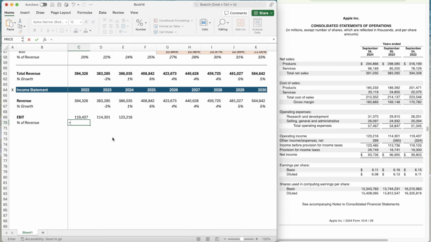And we want to know what this is as a percentage of the revenue. So you take the EBIT, divide it by the revenue, and then we get our percentage of revenue, and that's our EBIT margin.